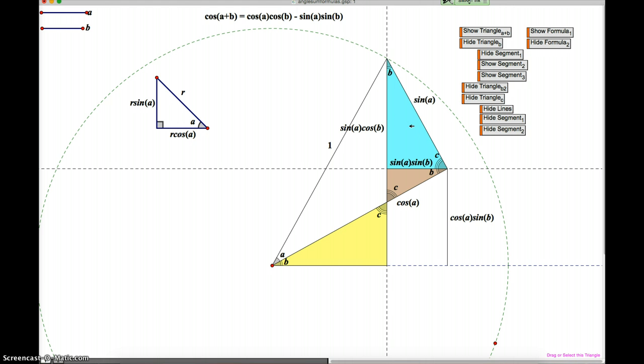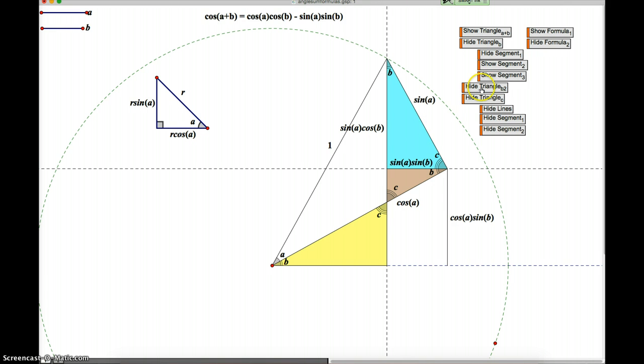Then we can utilize our right triangle relationship again. We know that the hypotenuse of this teal triangle is the sine of A, and hence this vertical leg, which is adjacent to angle B, must be the radius, the sine of A, times the cosine of B. That's going to be the other part that we need to prove this angle sum formula.